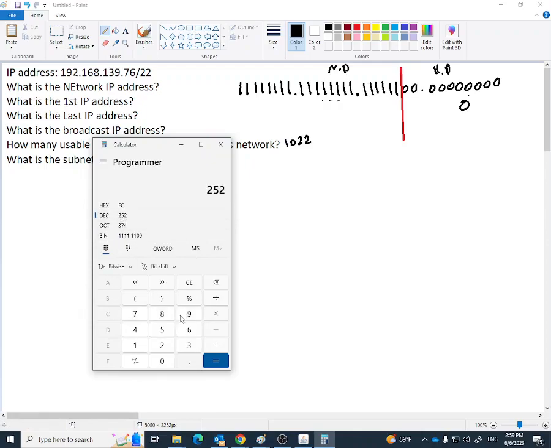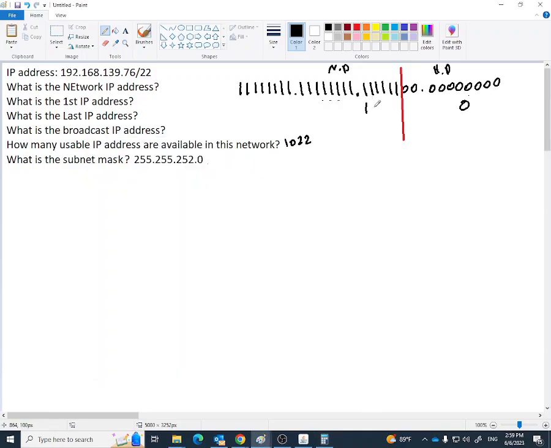Click on the decimal part, clear it, and it's 139. Here is the binary representation for 139. And let me just write it down. It's 1, 4 zeros, and then 1011.